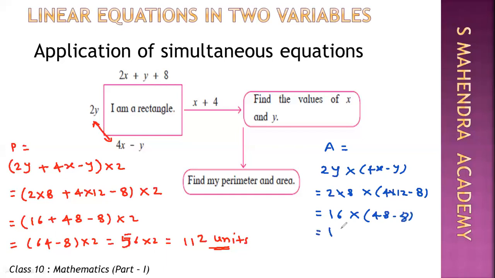So here 16 into 40. So the value will be 640 square units. So in this way, we can use the simultaneous linear equations in two variables for calculating the values of the given condition.